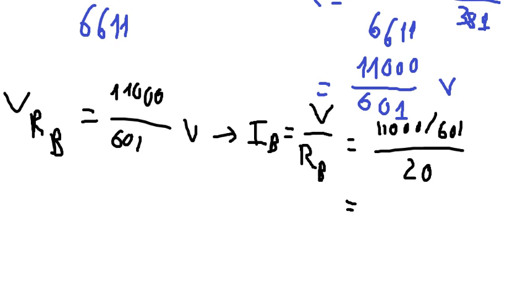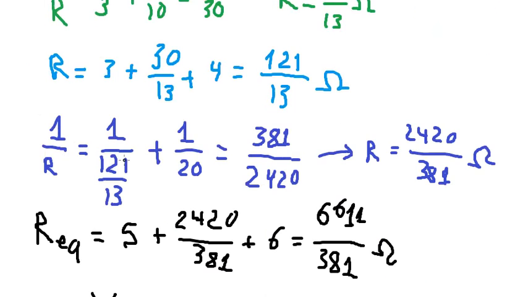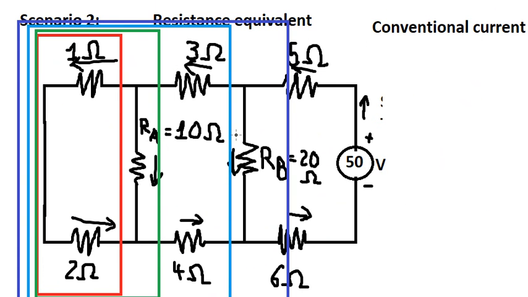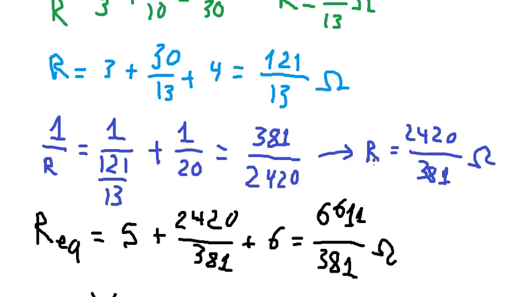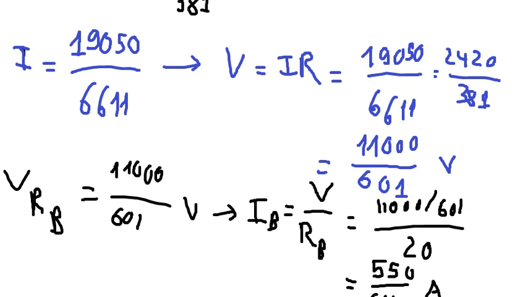And this one you got 550 over 601. And this is in amperes. Now after you got this one, we go to the blue. So the blue is parallel to the RB, so that should be the same voltage in here.